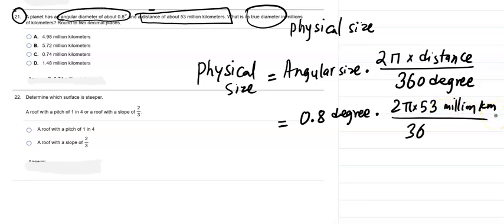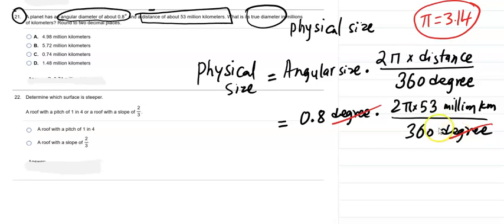Divided by 360 degree. So now let's do the simple math here. The degree cancels. If you multiply 0.8 by 2 pi times 53, you can use pi as 3.14, or you can use pi from the calculator.